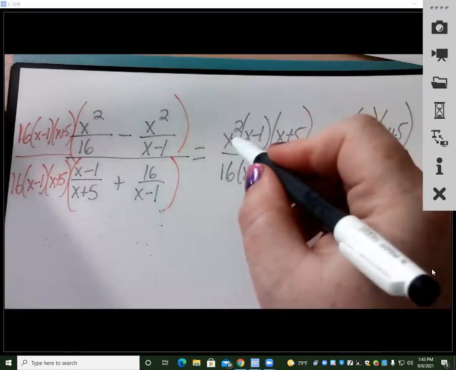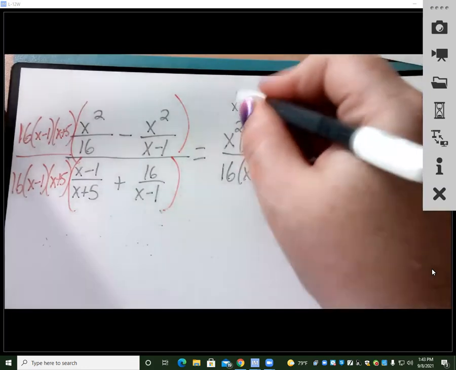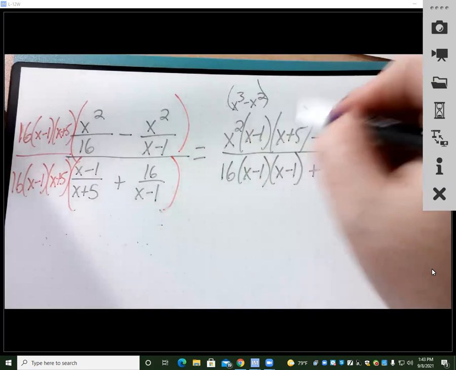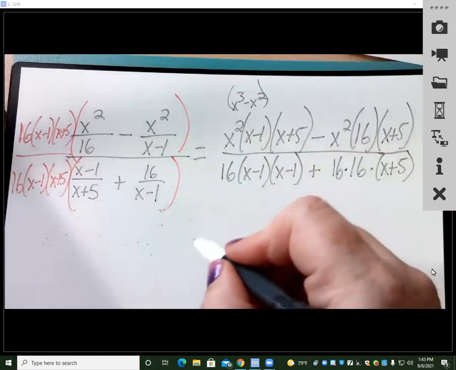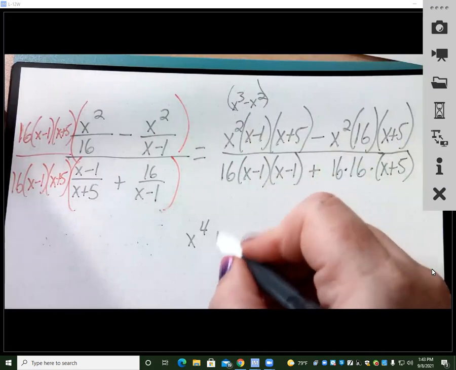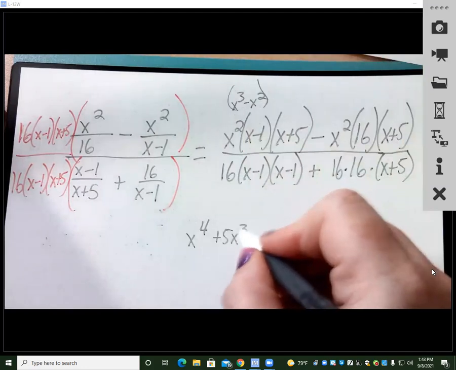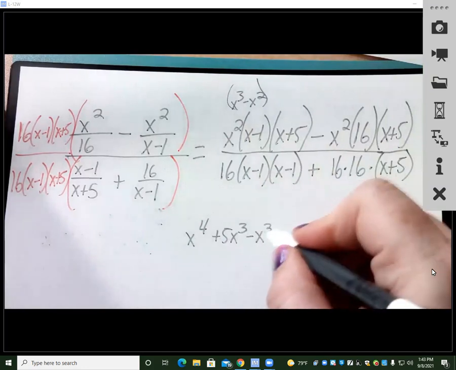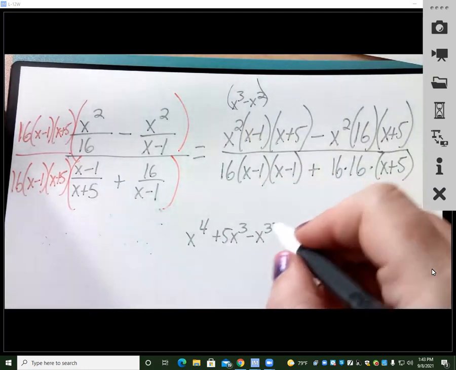So I would get x cubed minus x squared if I multiplied those first two, and now I'll FOIL it with this one. So that's x to the fourth plus 5x to the third. Insides would be a minus x to the third. And then the last would be a minus 5x squared.